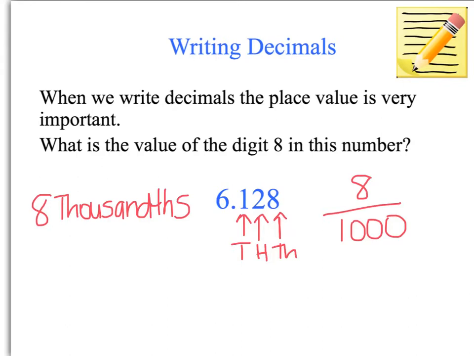So you really need to make a mental note that the first place value to the right of the decimal place is tenths, then hundredths, then thousandths. It doesn't line up with the whole numbers. It's a bit different from the whole numbers, so you really need to understand that.